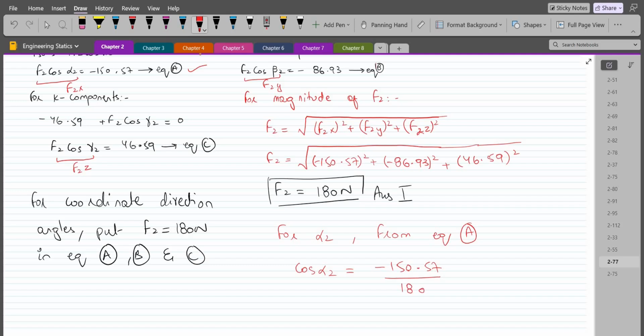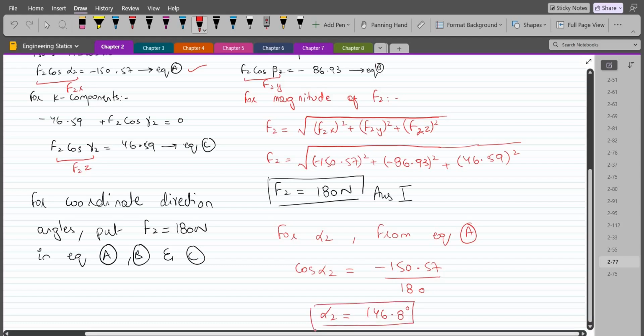If you take the cos inverse of negative 150.57 over 180, then you would get alpha 2 as 146.8 degrees. This is our second answer.